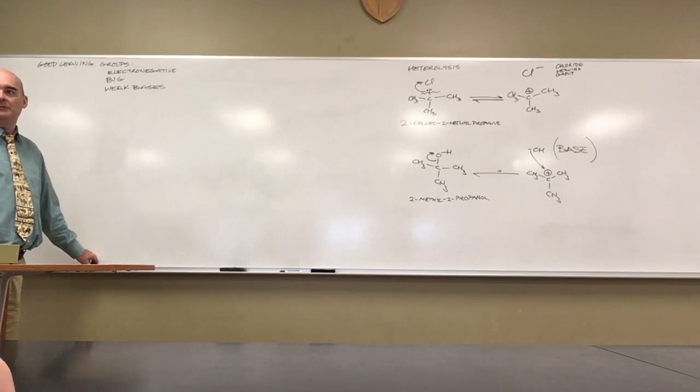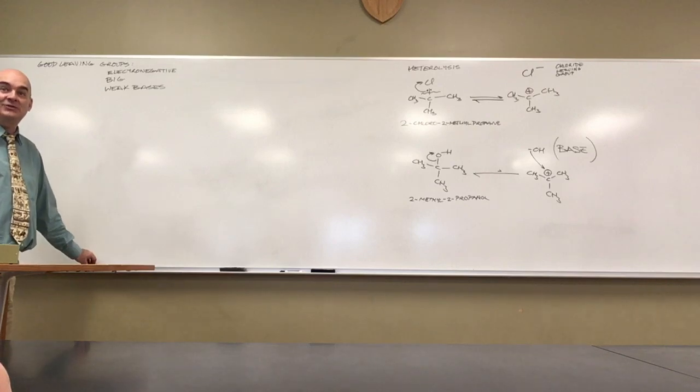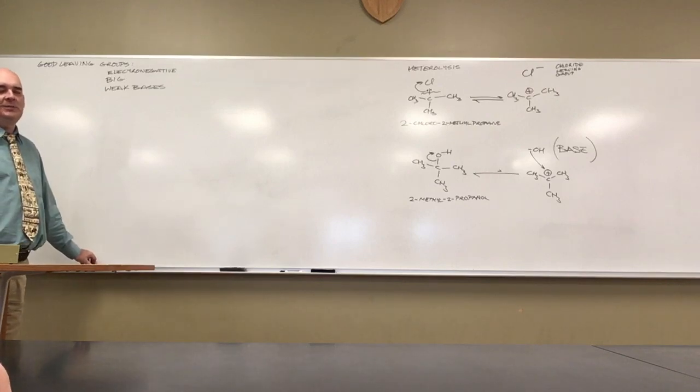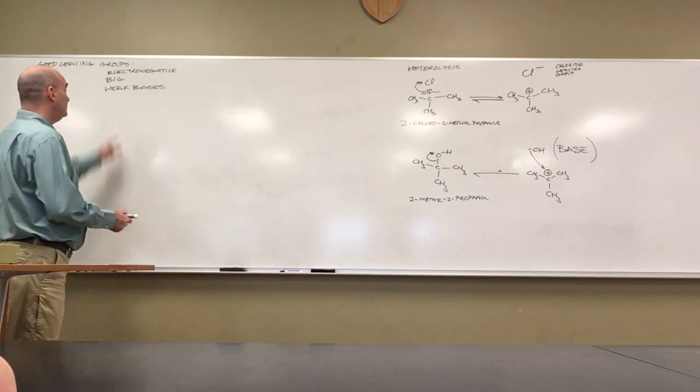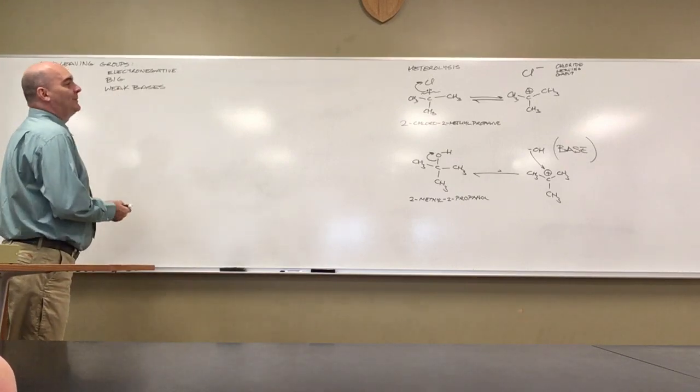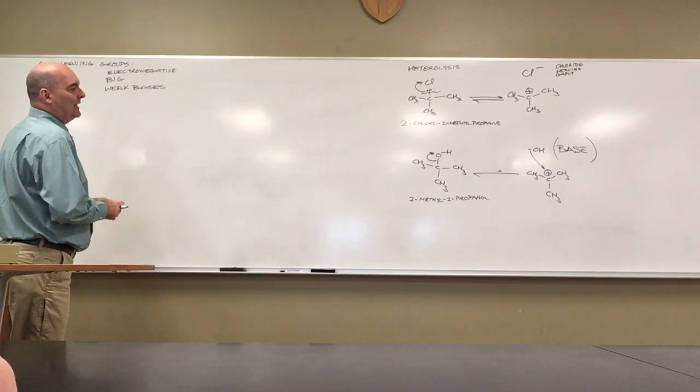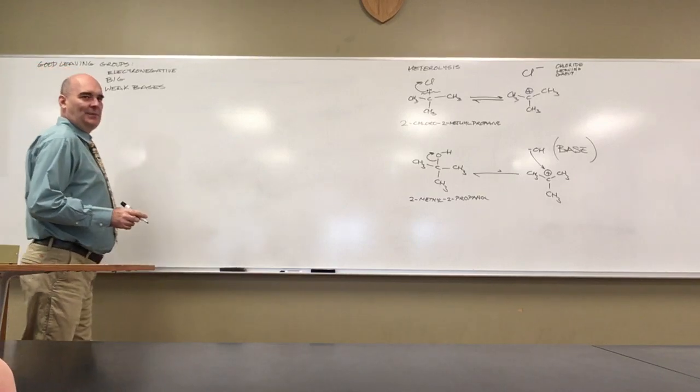Think of something in your life where you have a choice as a consumer, and the best option is also the cheapest. It doesn't happen often. Sodium hydroxide is one of those cases, and so we don't talk about anything else. And sadly we don't know what bases are because we spent all our time talking about acids.